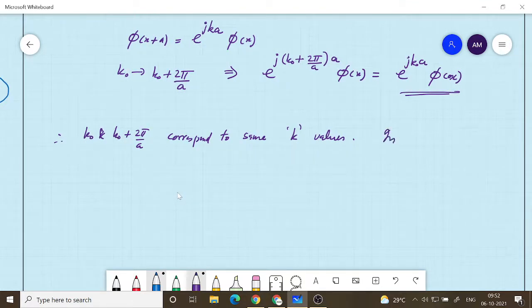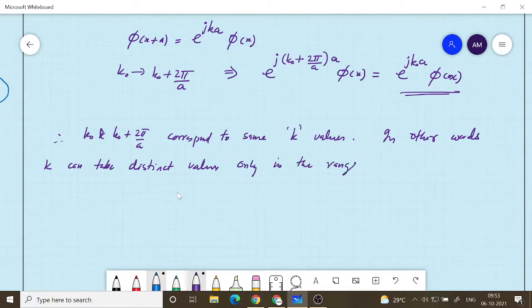So in other words, k can take distinct values only in the range spanned by 2 pi by a.